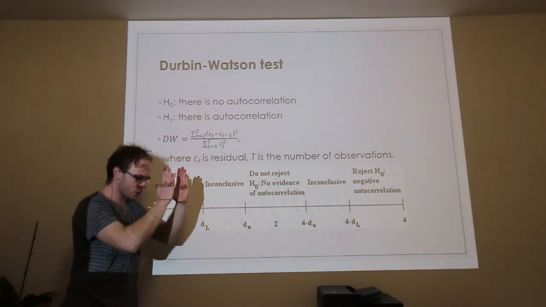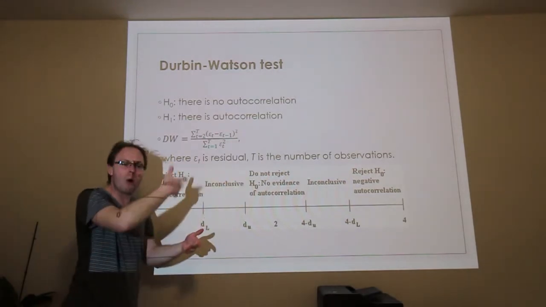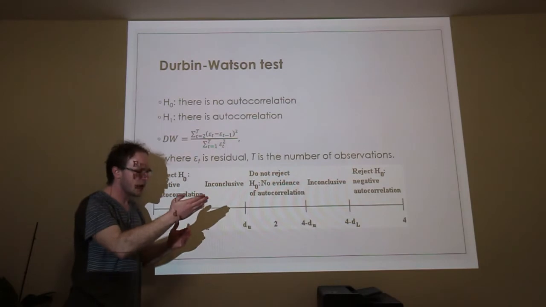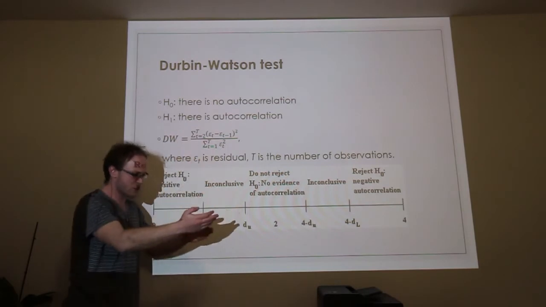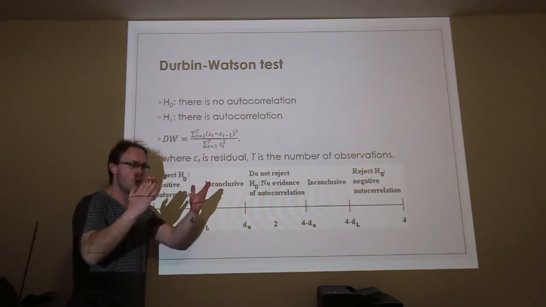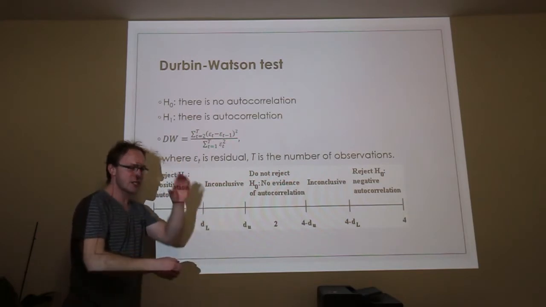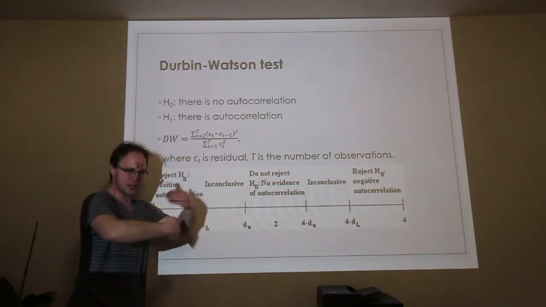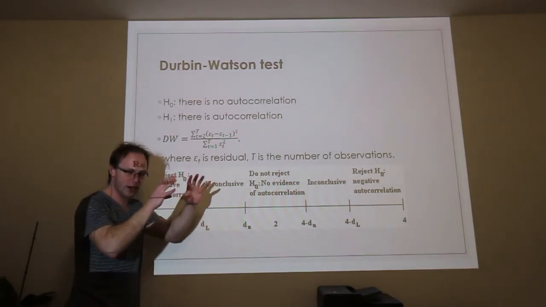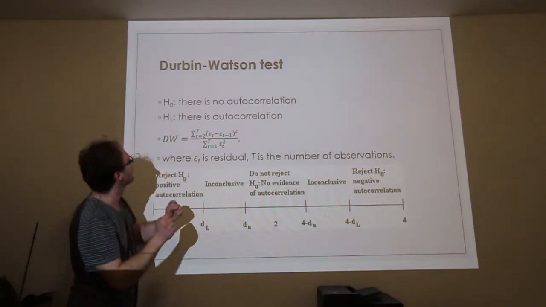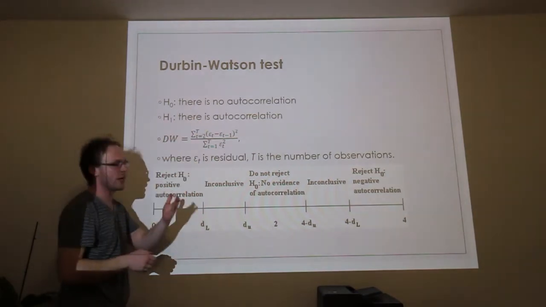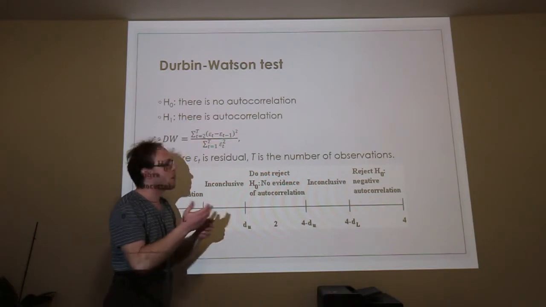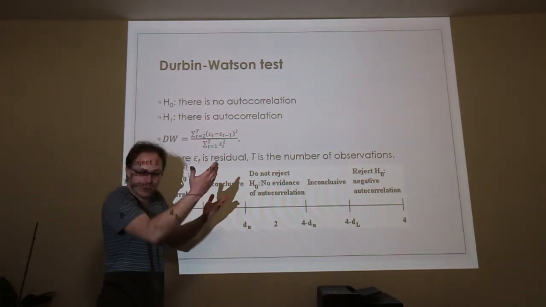So there is no correlation between neighborhood values. Observation in time t is not dependent on observation in time t minus 1. Observation in time t minus 1 is not dependent on observation in time t minus 2, etc. Alternative hypothesis: there is autocorrelation. If the zero hypothesis is rejected at the particular level of significance, there is autocorrelation.